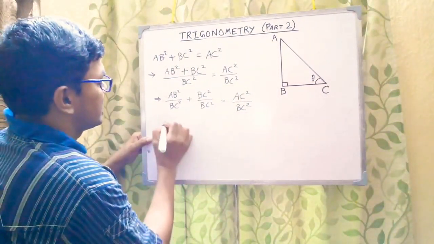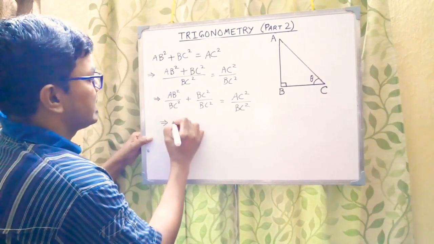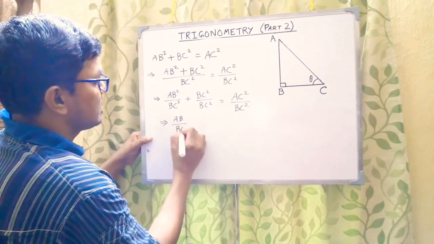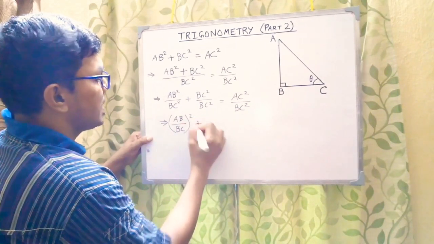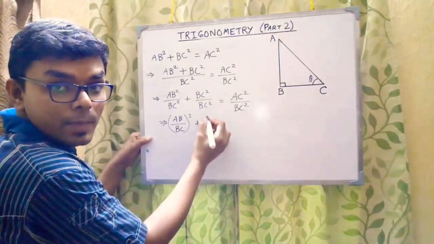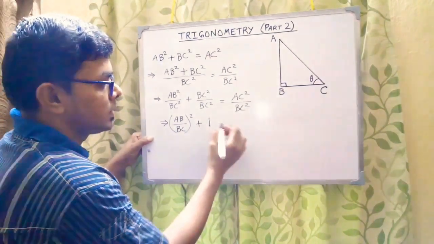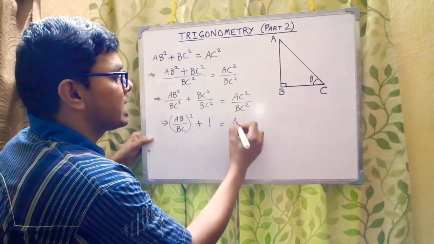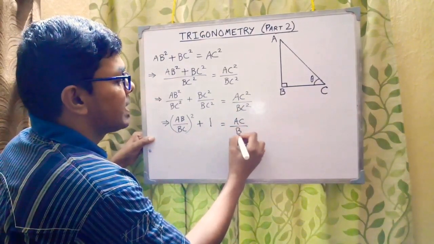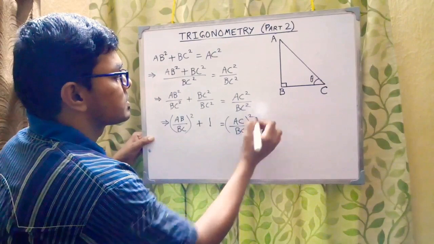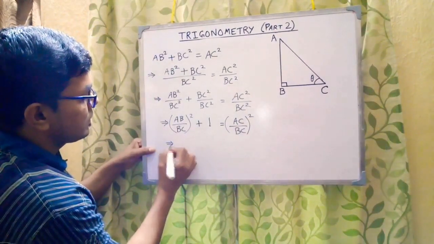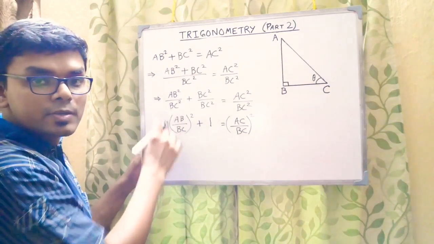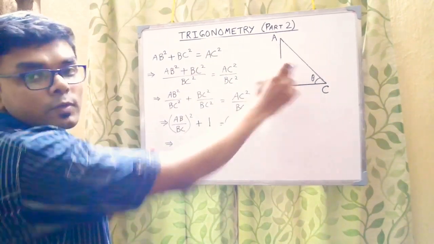Okay, this implies AB by BC whole square plus, again we have BC square by BC square, which is nothing but 1, that equals AC squared by BC square, that can be written as AC by BC whole square. Now let's try to recall which trigonometrical ratio this is from the point of view of this triangle.